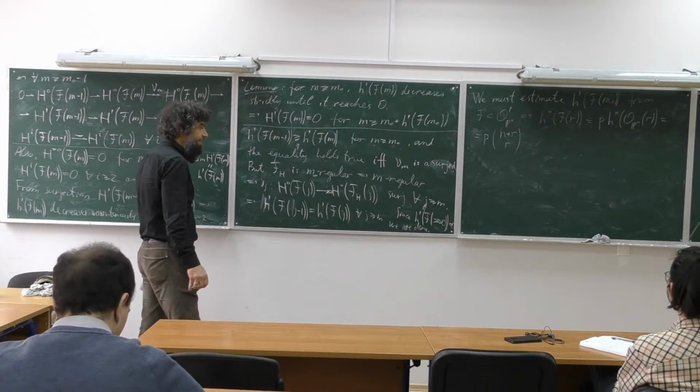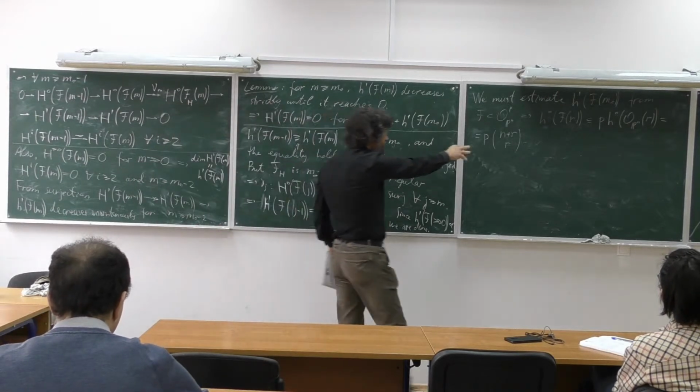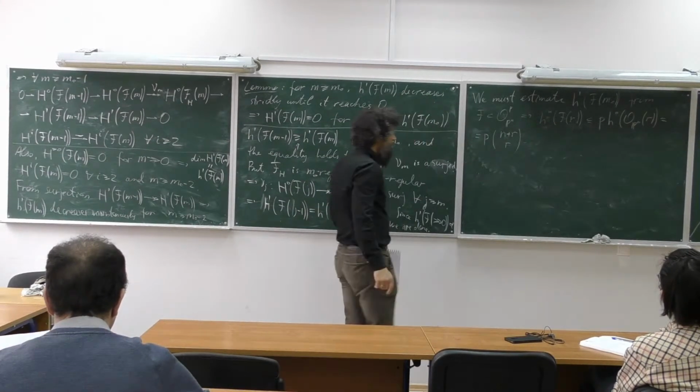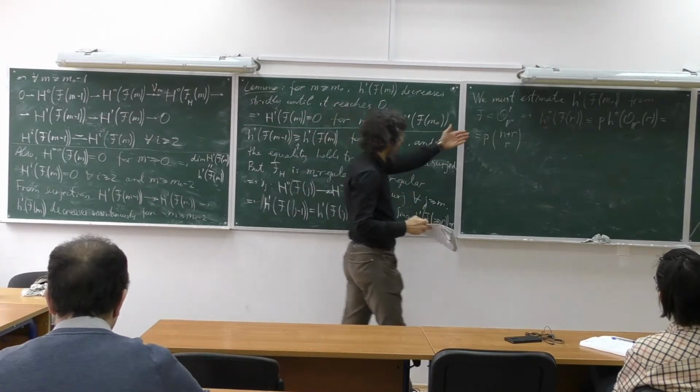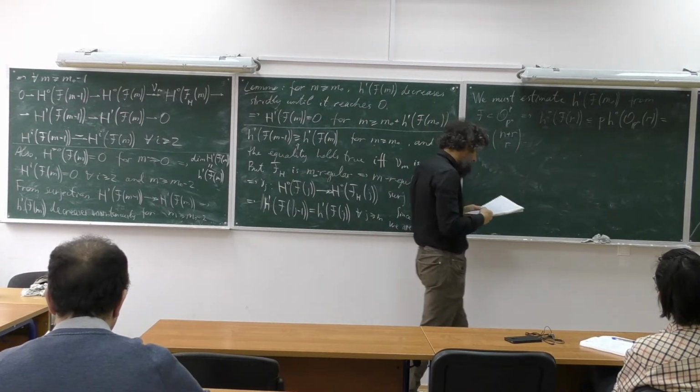Okay, so we know the dimension of global sections, just because our sheaf is a subsheaf of the trivial one.